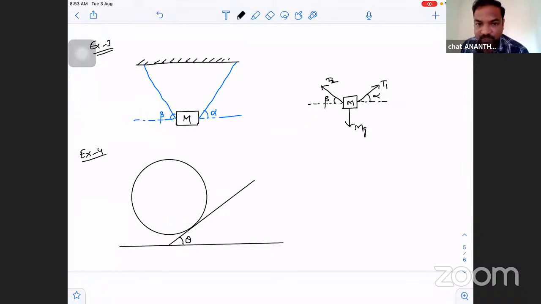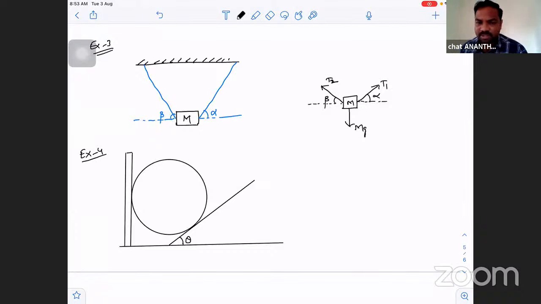There is a sphere which is held at rest between the wall and the inclined plane. Let us say this is the wall. Now draw the forces. Draw the forces in the diagram itself only.